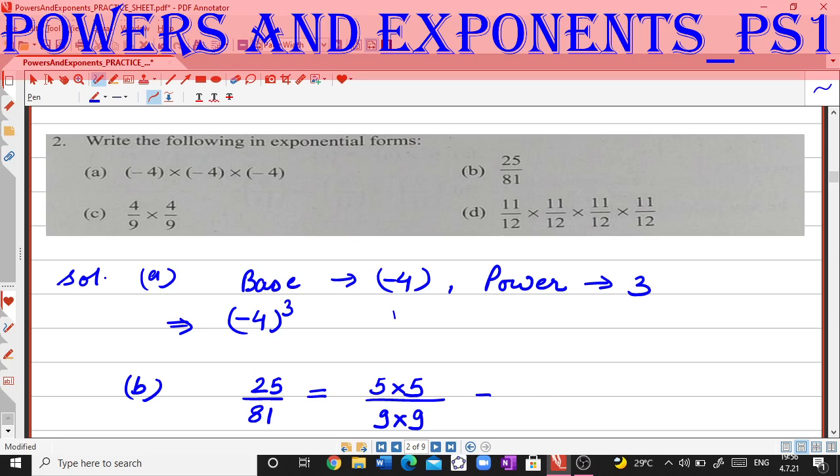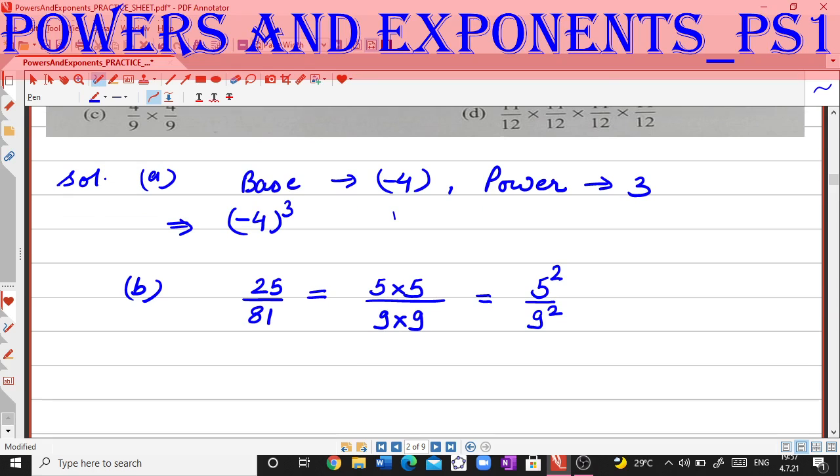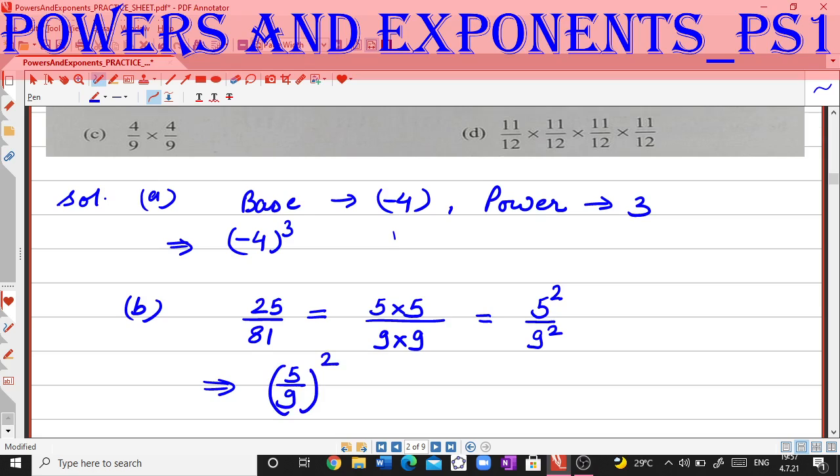So here this is 5 raised to the power 2 and here 9 raised to the power 2. So that means this 25 upon 81 could be represented in the form 5 upon 9 raised to the power 2. Okay. So like this you can also try number C and number D.